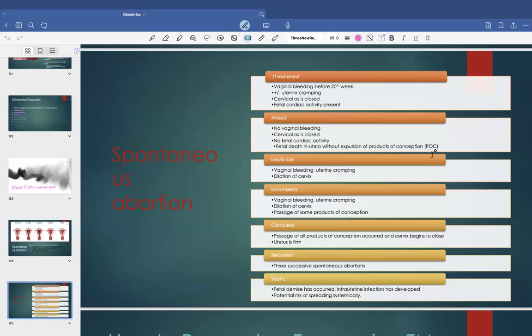Everything is intact and where it's supposed to be. This is still viable and can progress to a healthy pregnancy. If the bleeding and the cramping resolve on their own, that is usually favorable for a good prognosis. So that's threatened, any uterine bleeding before 20 weeks.